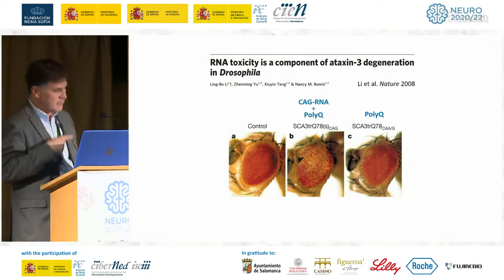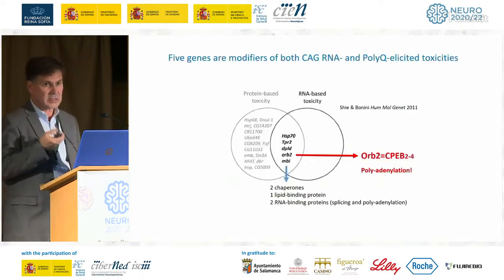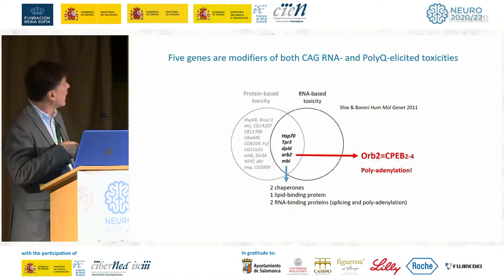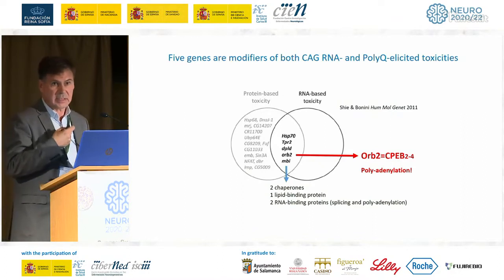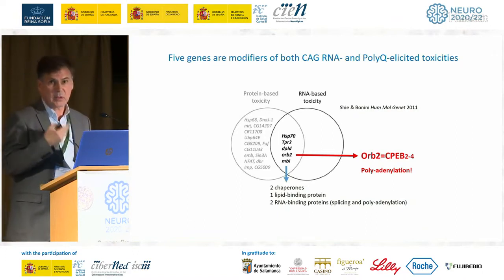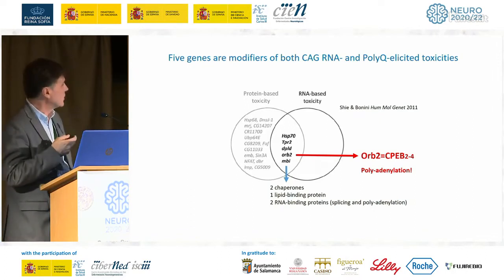And then afterwards, they performed a screening of modifiers of genes that are able to attenuate the toxicity of either the pure protein toxicity or the pure RNA toxicity. And there were only 5 genes able to counteract both toxicities. 2 of them were chaperones, no surprise, because of the protein aggregation phenotype that I mentioned before.